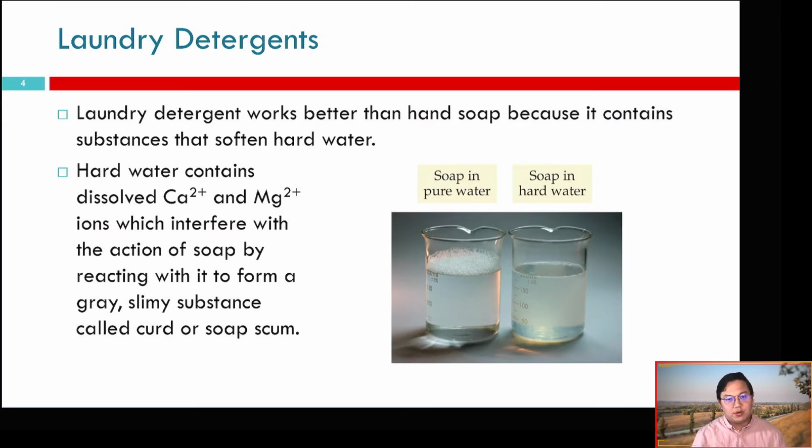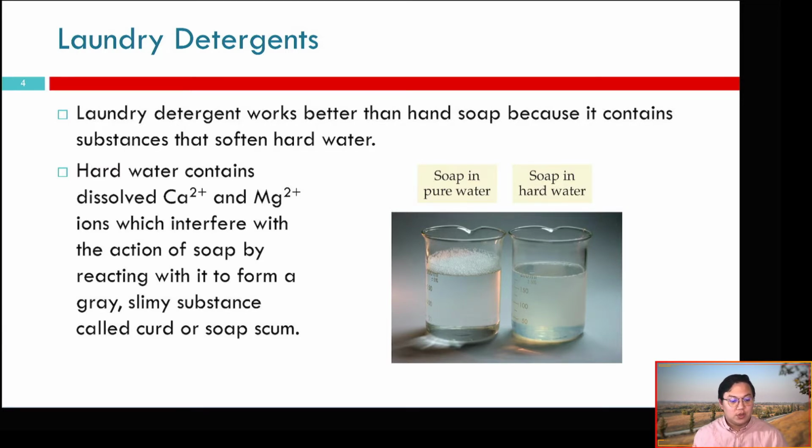Another common reaction, something that you see every day, is laundry detergent. Actually, you don't see this, I suppose, but laundry detergent works better than hand soap. You can't just fill your washing machine with hand soap, because laundry detergent actually contains substances that soften hard water. Hard water, especially here in the valley, contains lots of calcium and magnesium ions, and those interfere with the action of the soap.